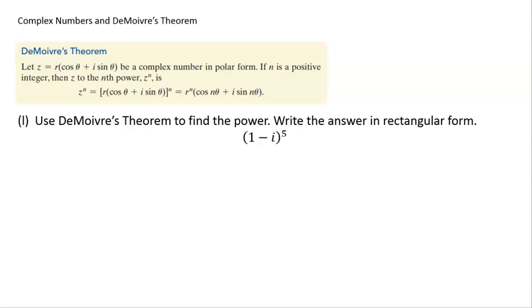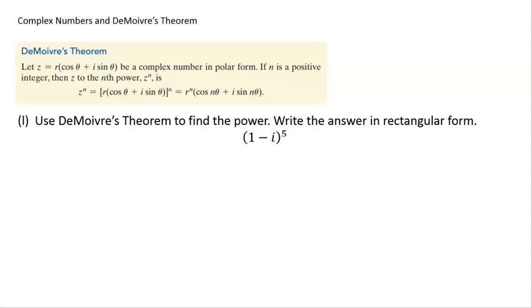If we were to expand 1 minus i to the 5th power using rectangular form, we would have to write that out 5 times, 1 minus i times 1 minus i, and so on, and either use some method of expanding binomials or FOIL it out. That's going to get extensive and long and probably incorrect because it's so easy to make mistakes.